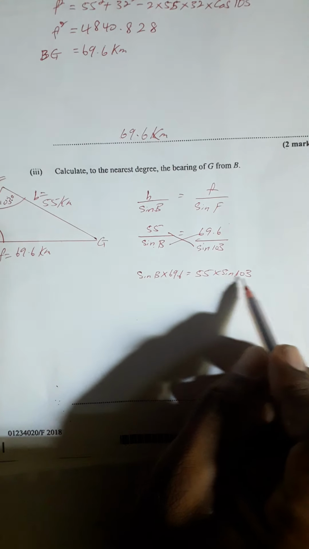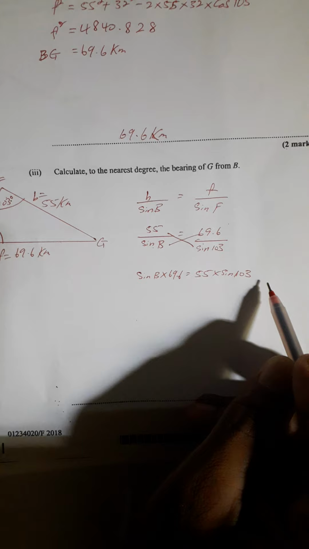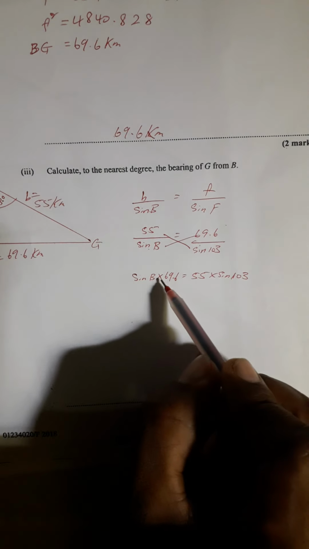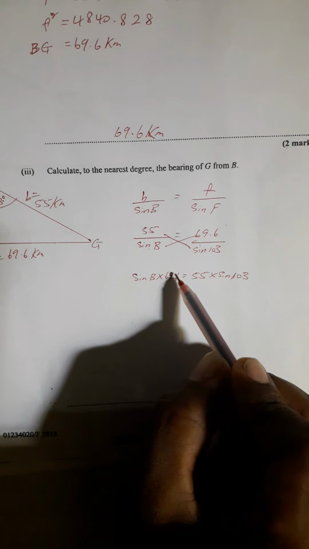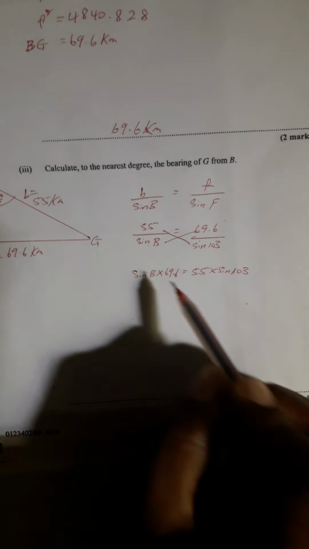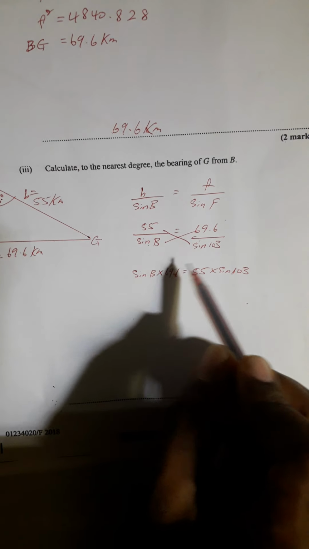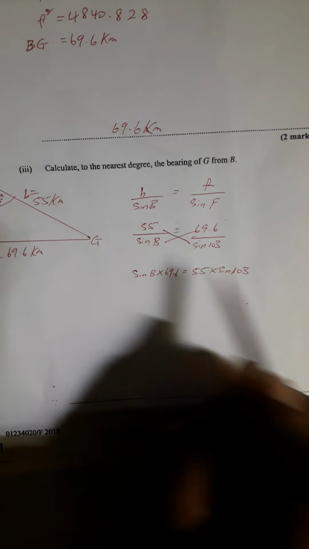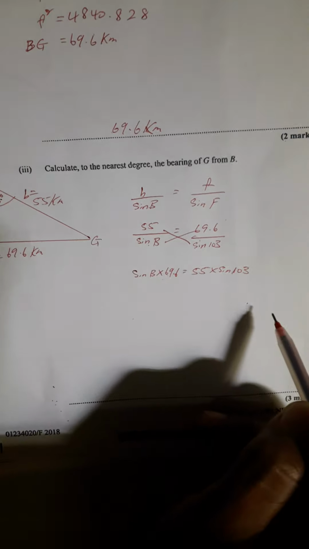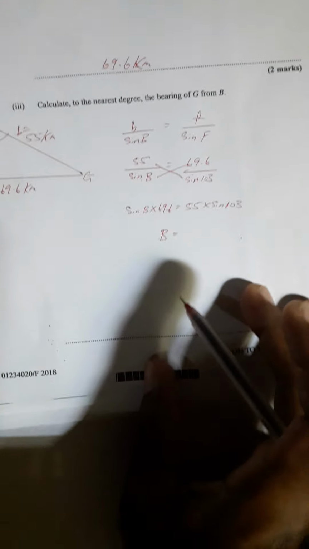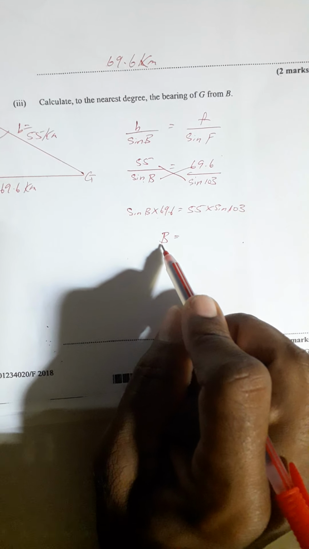Now let's see, if we write sine 103 times 55, no problem. Okay, what I'll do, I'll transpose, I'll take this across, it will divide, right? I want to find angle B. So first thing, I'll take this number across. Since it's multiplying here, you're going to divide. Then I'll take the sine across. It's sine here, it'll be sine inverse. So angle B, whenever you're having an angle, the angle is always a capital letter.